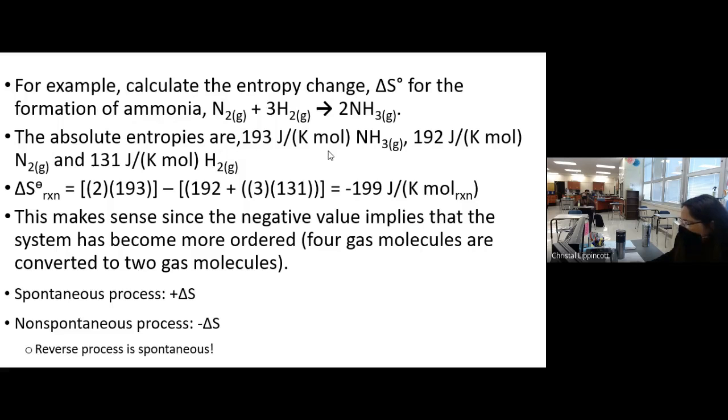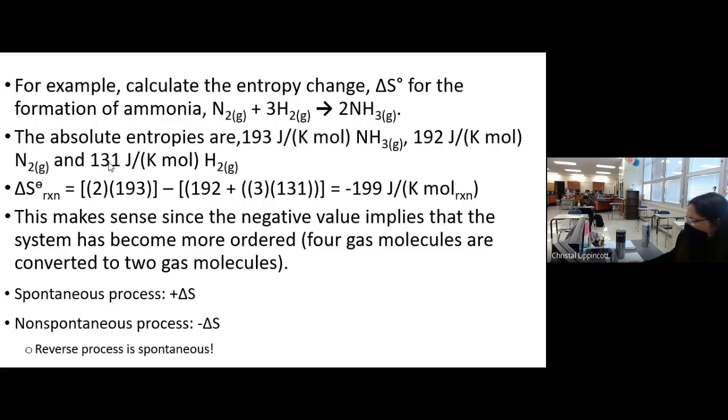When we do that, they're going to give you the values. This is the value for the ammonia. You would multiply that by 2 because there's a 2 here. So this is your products, and then you subtract the values for your reactants. Here we have 192, which is your nitrogen. You only had 1 of those, so you don't multiply it by anything.